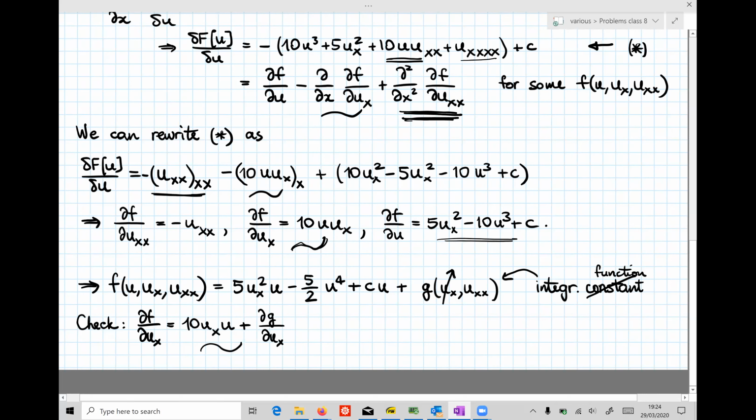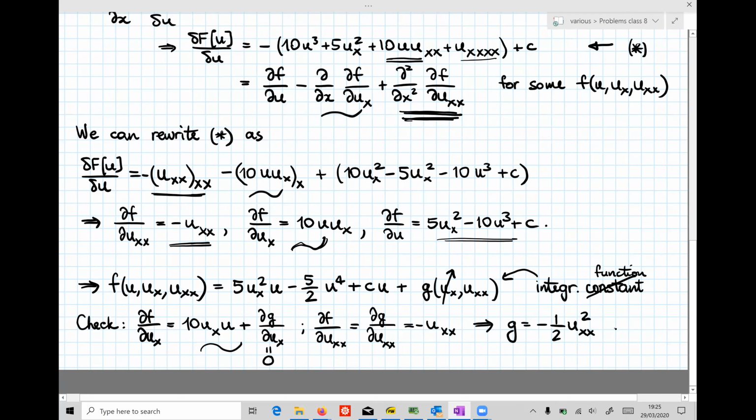So g does not depend on ux. It can still depend on uxx. So to do that, let's compare with the derivative with respect to uxx. Here, the dependence on uxx is just through g. So that's just the derivative of g with respect to uxx. And now if I compare with the expression above, this must be equal to minus uxx. And so g is equal to minus a half uxx squared.